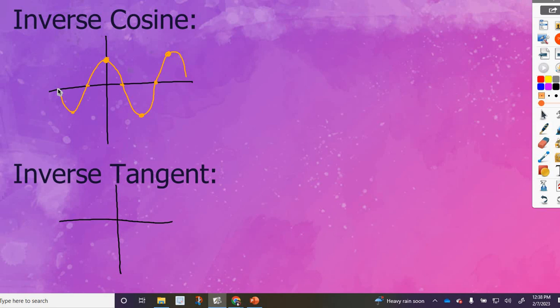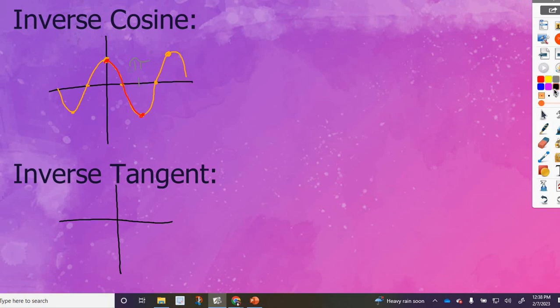So again, does that pass my horizontal line test? No. So again, we have to restrict the portion that we're going to use.